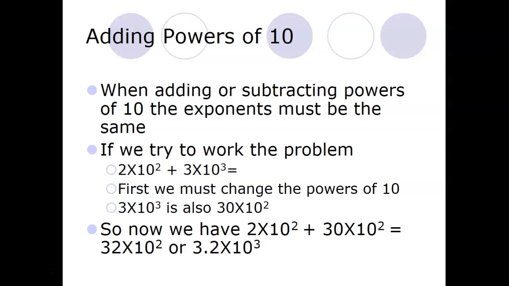Everybody see how I did that? I have the ability to do the problem differently because I wrote it out. Okay? So there's a couple of different solutions to this particular problem.